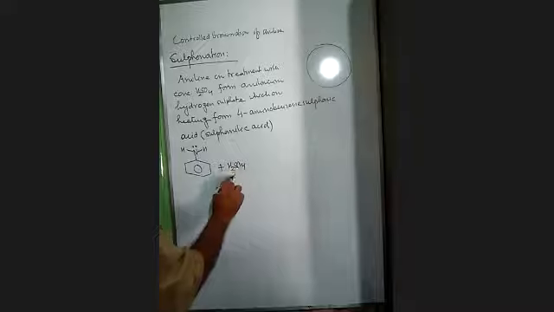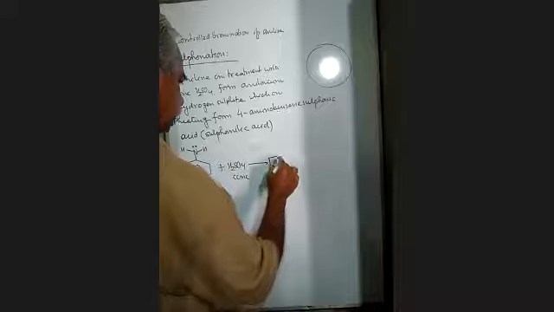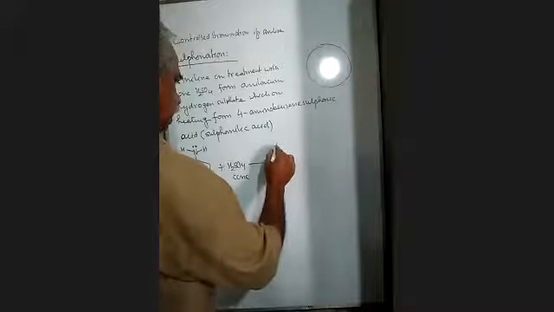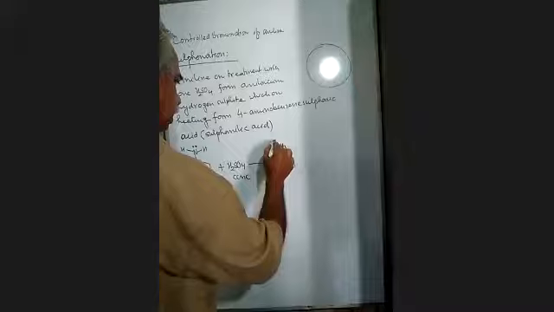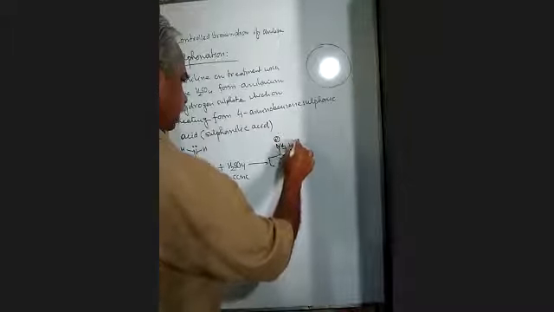So this is N. I intentionally put the lone pair to indicate it is a base. This is concentrated sulfuric acid. Okay. So you'll get here NH3 plus and HSO4 minus.